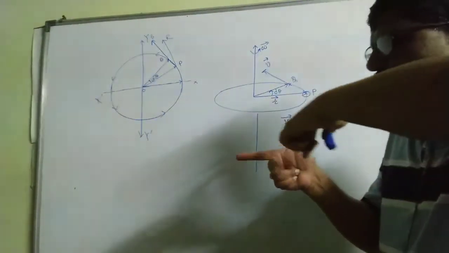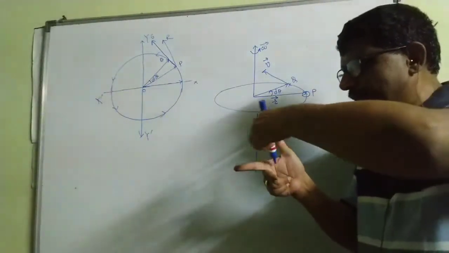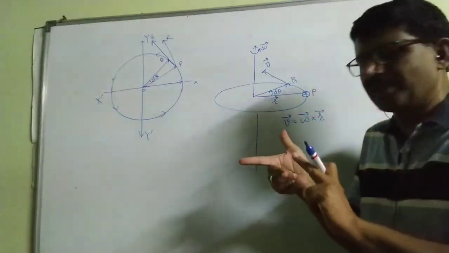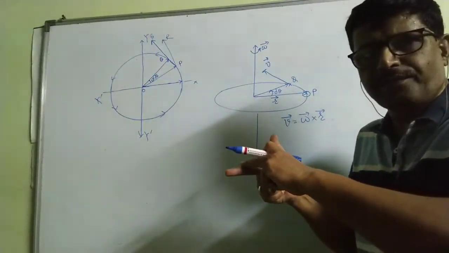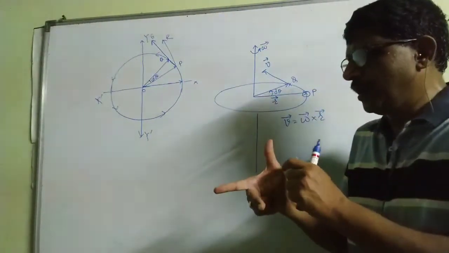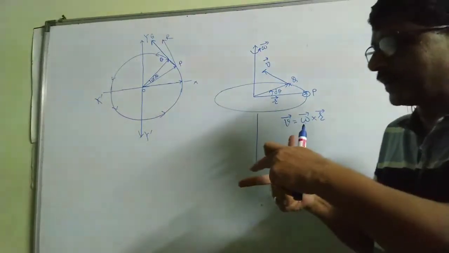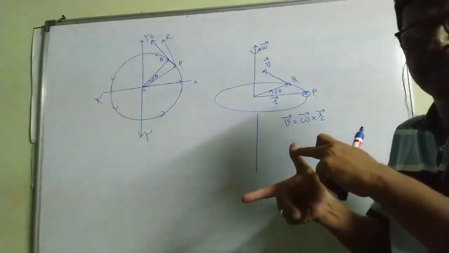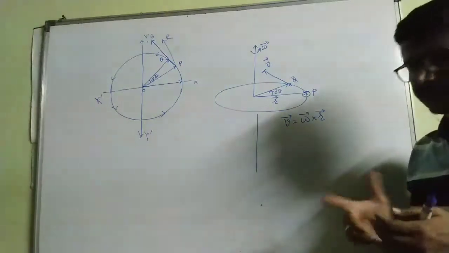Let the particle perform circular motion like this in the anti-clockwise direction. For this circular motion, this will be the radius vector. Tangent to the radius is the linear velocity, and the perpendicular to the plane containing the radius vector and tangential velocity represents the direction of angular velocity.